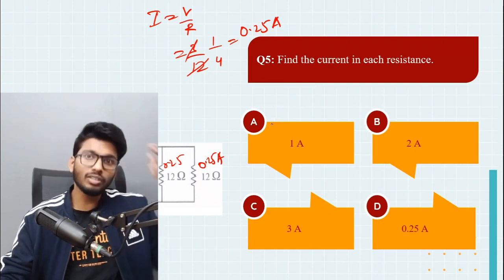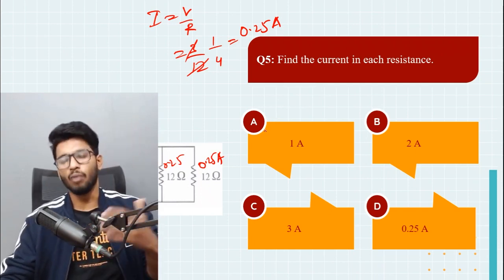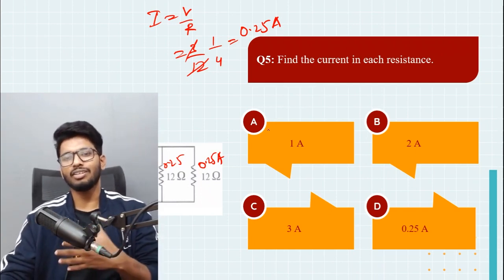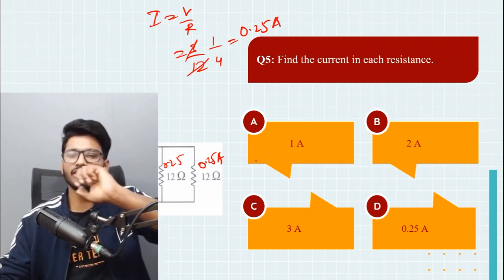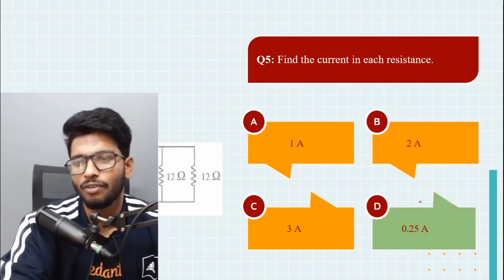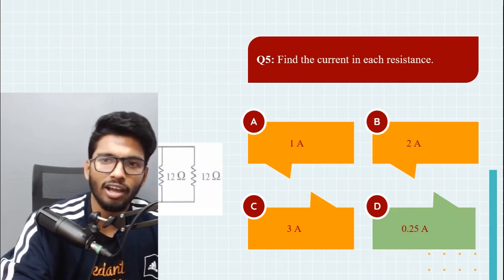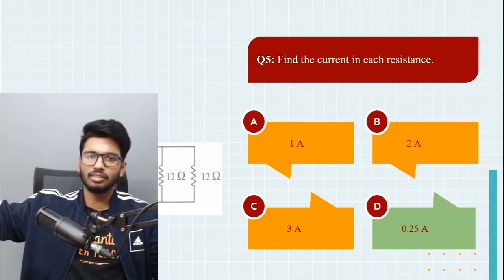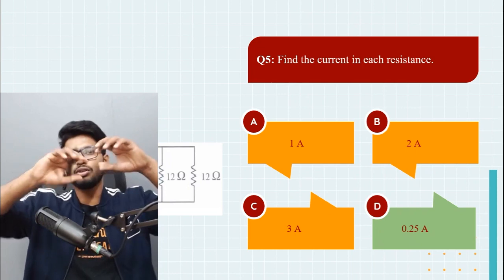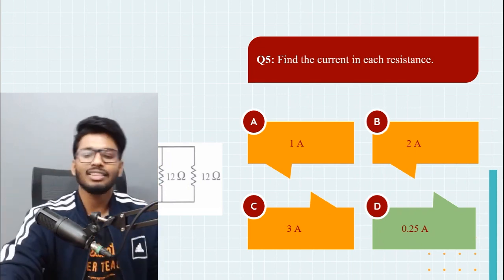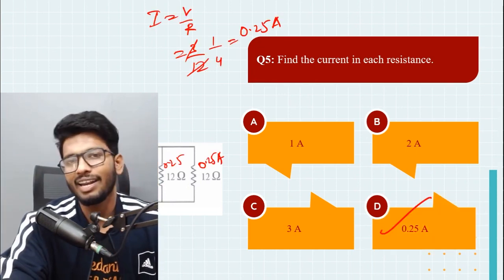So the total current, if they ask, will be 1 ampere. If they ask you for the current flowing through each resistor, that would be 0.25 amperes. So 0.25 amperes would be the current flowing through each resistor individually. But if you talk about the total current flowing, it would be around 1 ampere.